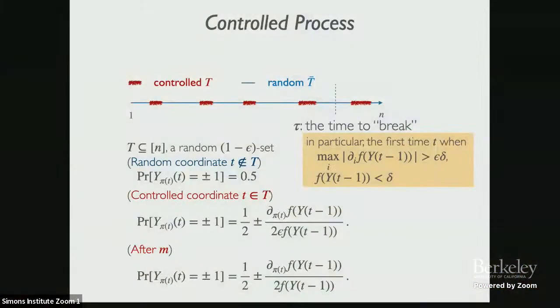Okay. So our goal is to analyze when our conditions do not hold. And in particular, we consider two cases. The first case is when the partial derivative becomes too large. And the second case is when the value of the function becomes too small. So as long as we can show that this thing does not happen very early, then we are fine.